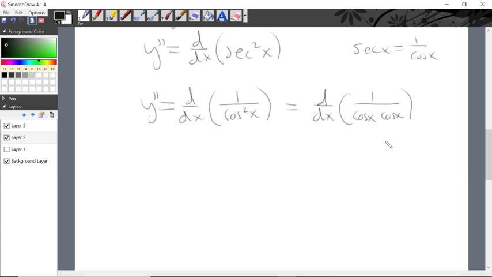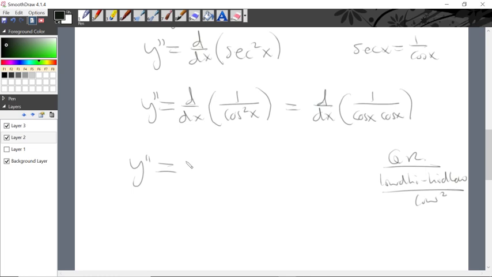So the denominator here is now a product. So for y double prime, we have a quotient here. Let's use the quotient rule: low d high, high d low, over low low.